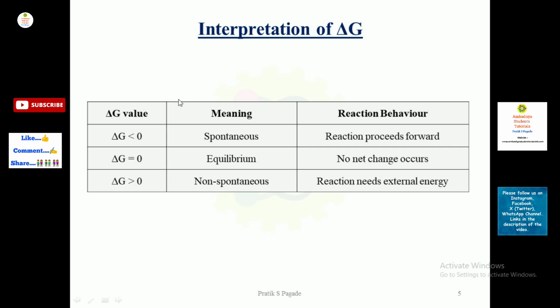Second, delta G is equal to 0, that is equilibrium, and no net change occurs. Third, if delta G is greater than 0, that is positive, the process or reaction will be non-spontaneous, and the reaction needs external energy to happen.